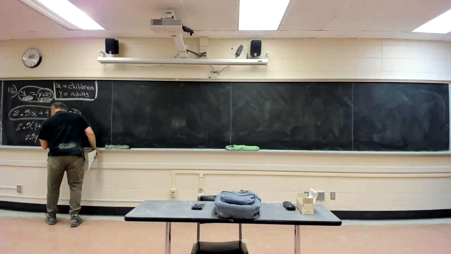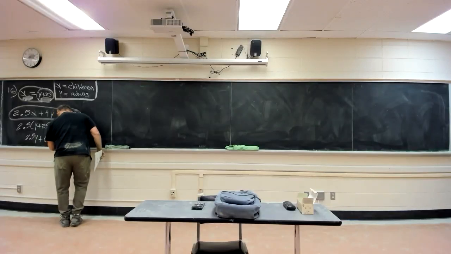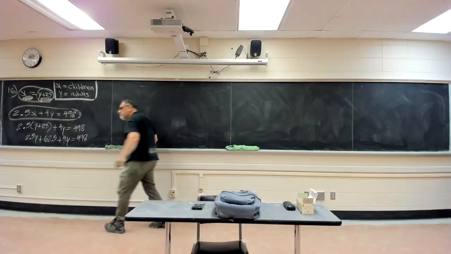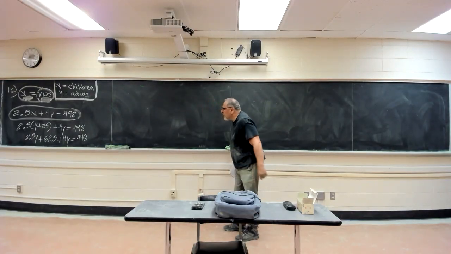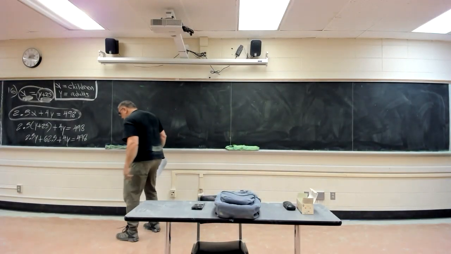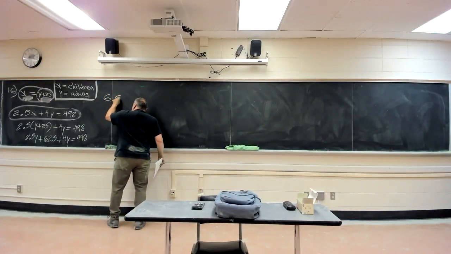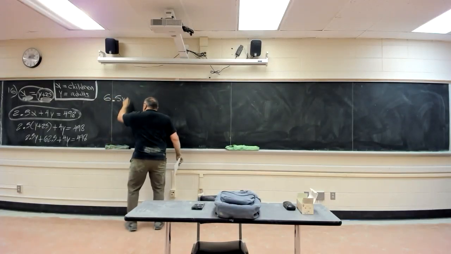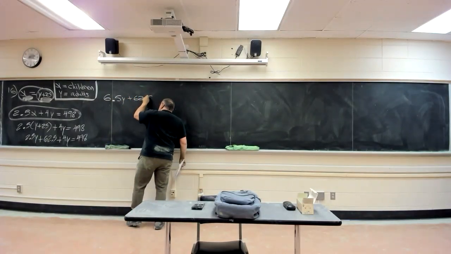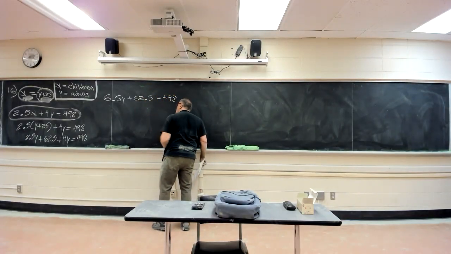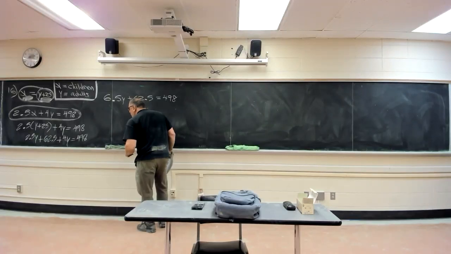This will be 62.5, plus 2.5Y, plus 4Y, equals 498. Take the 2.5Y and the 4Y, get them together. 2.5Y and 4Y is 6.5Y.